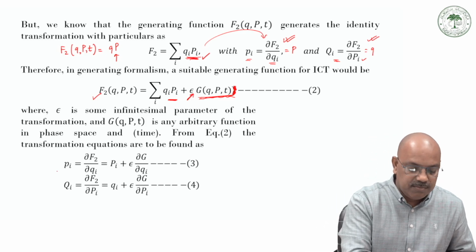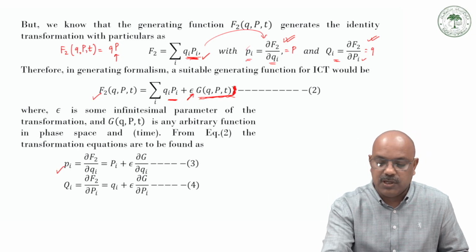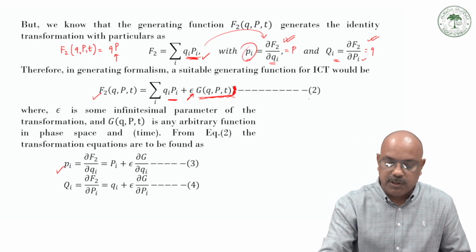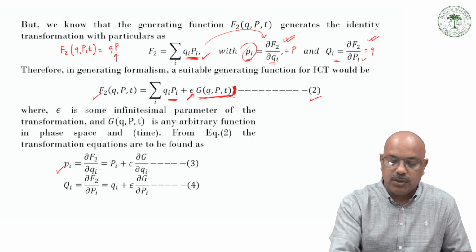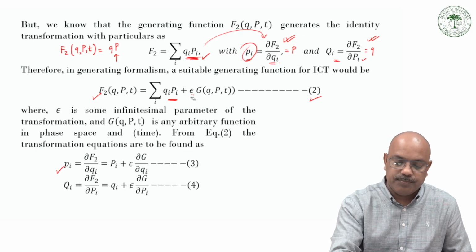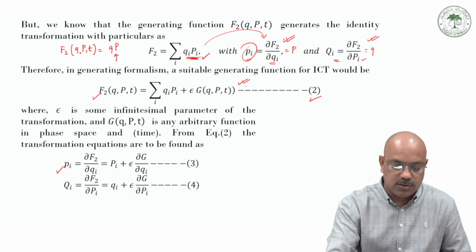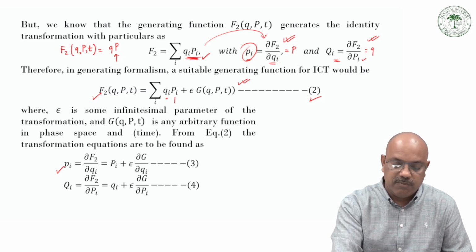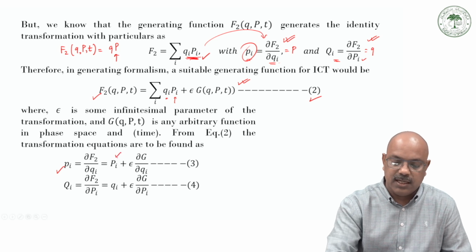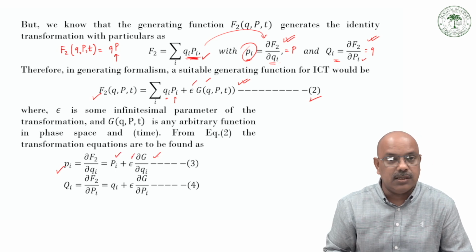So Pi, from equation 2: if we say delta F2 upon delta qi, I differentiate this expression with respect to small qi, so it's going to give me Pi plus epsilon delta G upon delta qi.